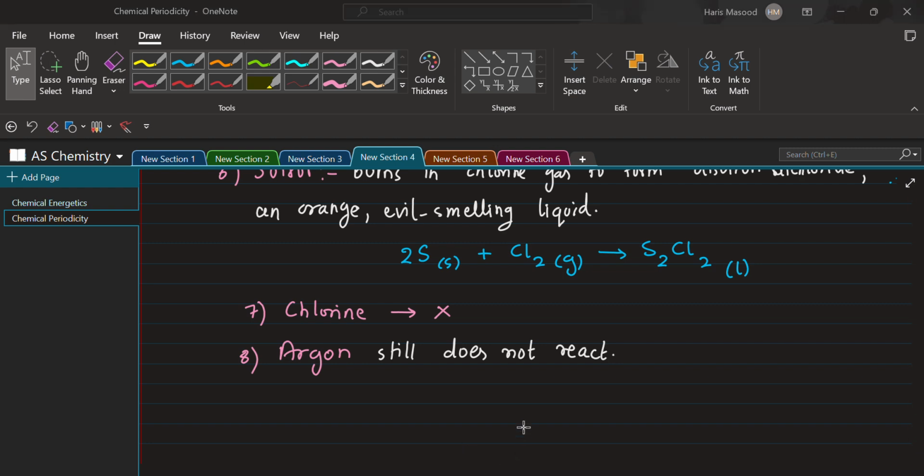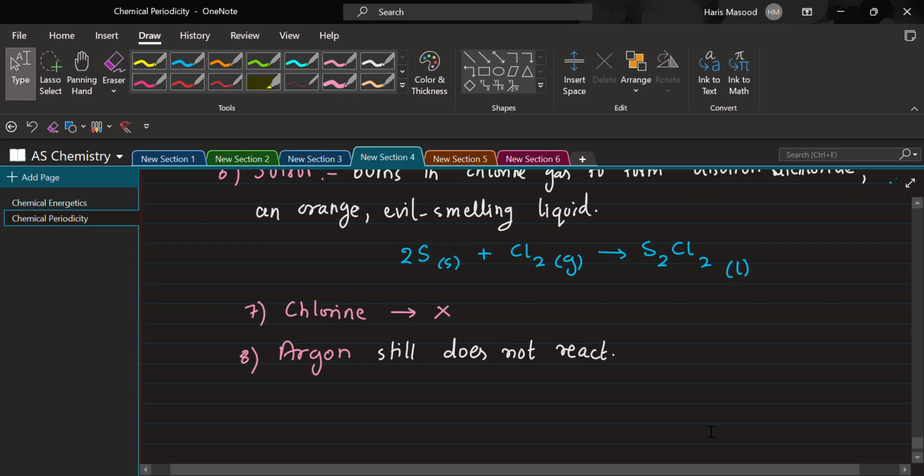Okay, so these are our reactions with chlorine. And one thing more, you should also know the bonding structure of this S2Cl2.